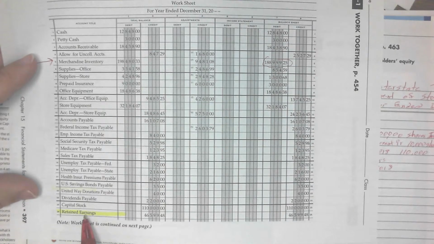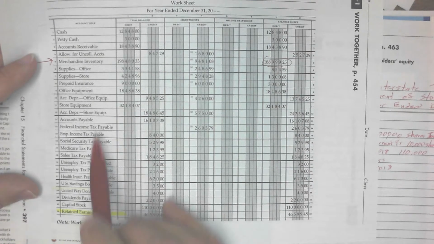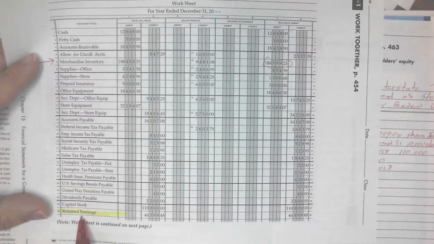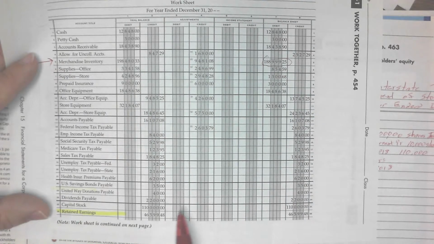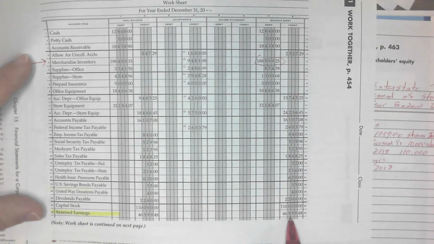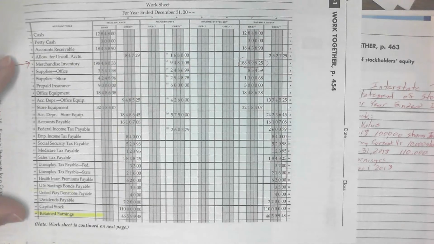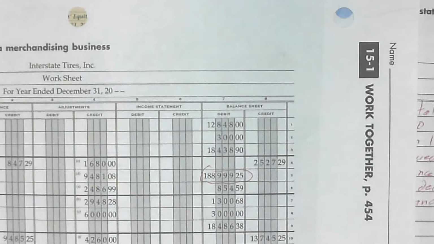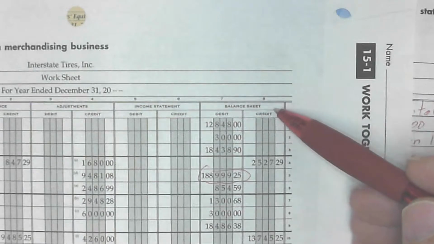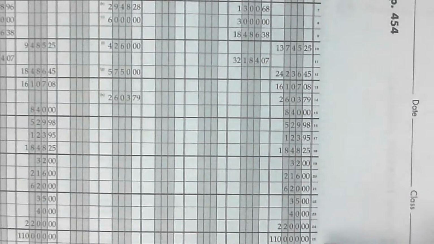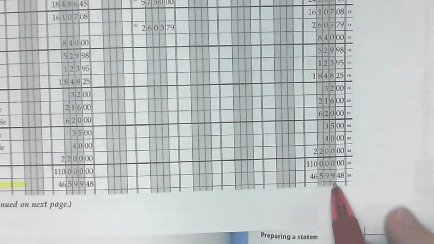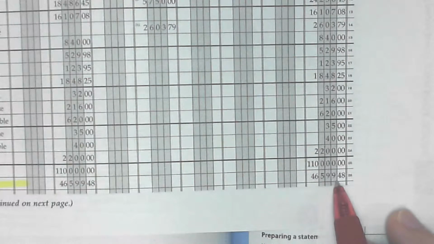So going back to the worksheet, you go down and got retained earnings here at the bottom right corner, in our balance sheet column, here in the credit.